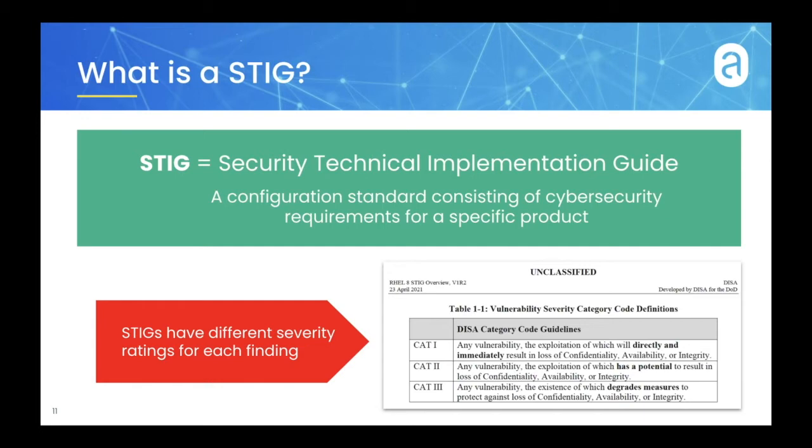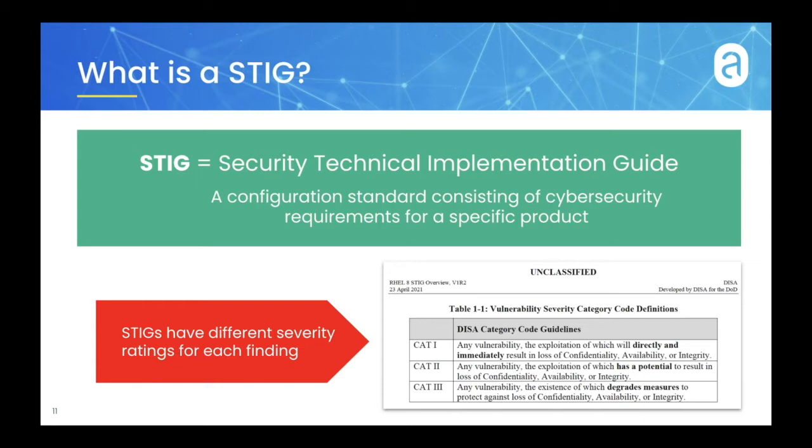But also what's important to notice, STIGs do have different severity ratings, right? So when you use a tool like STIG Viewer and you import a result that we will gather here today during the demo, you could see and categorize those as Cat 1, Cat 2, Cat 3 findings as defined by DISA. This is actually a screenshot from the RHEL 8 STIG, which is, by definition, what they mean, right?